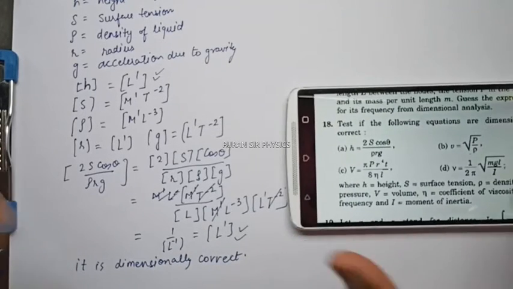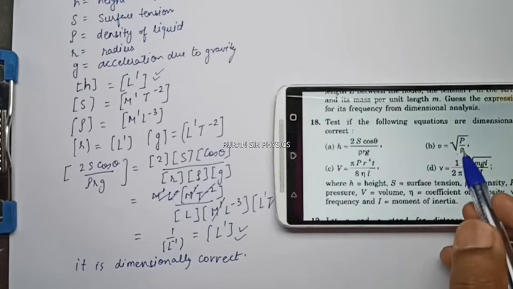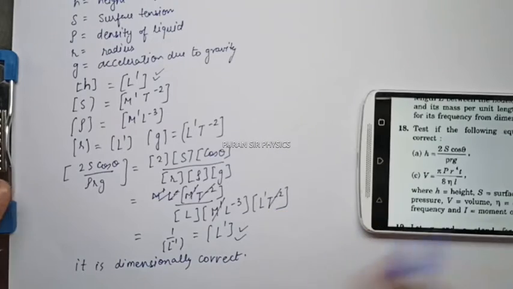Okay. In the second part, we have given v is equal to square root of P by rho, where v is the speed of sound.